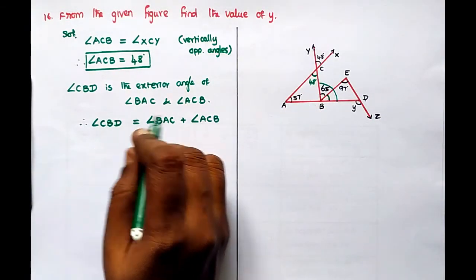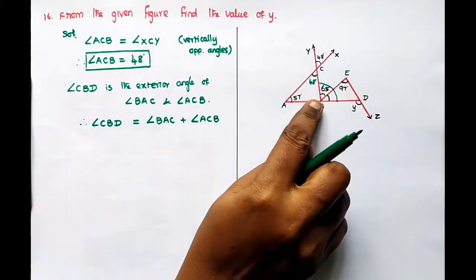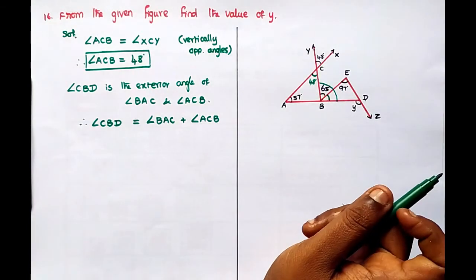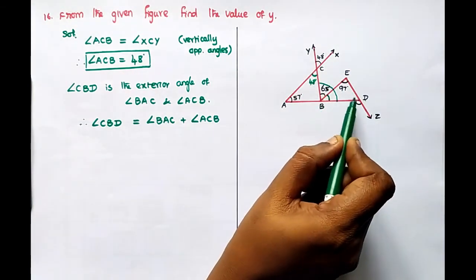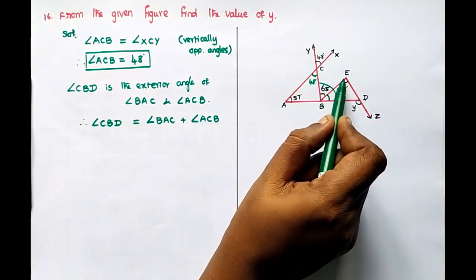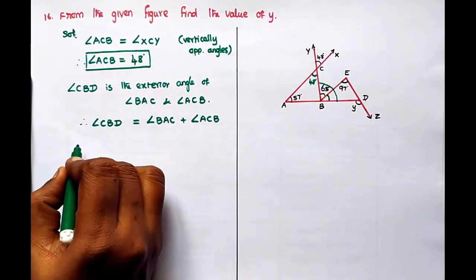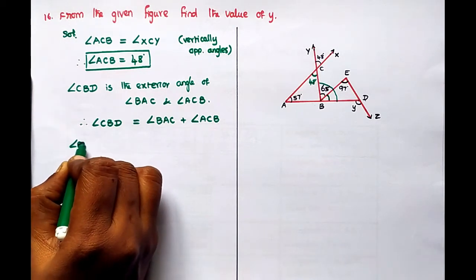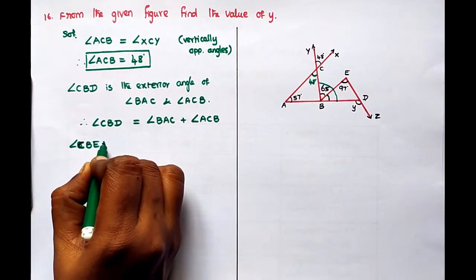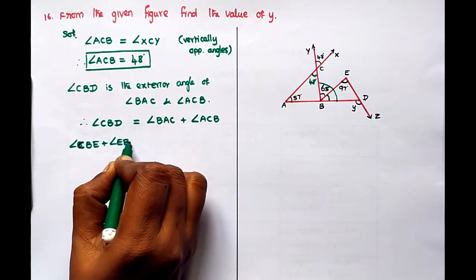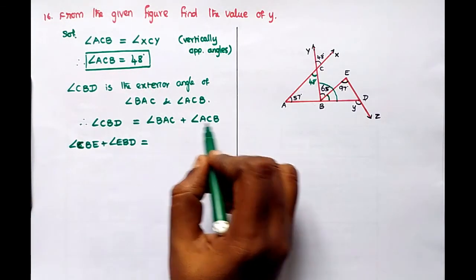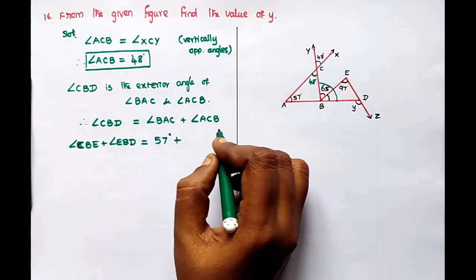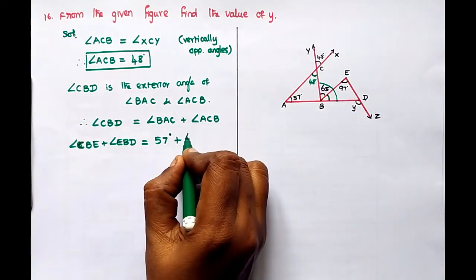And then now CBD is split into CBE and EBD. Therefore CBD equal to CBE plus EBD equal to BAC, that is 57 degrees, and ACB 48 degrees.